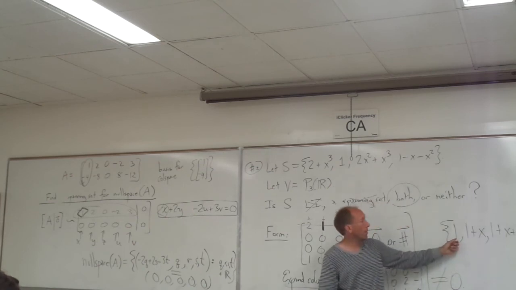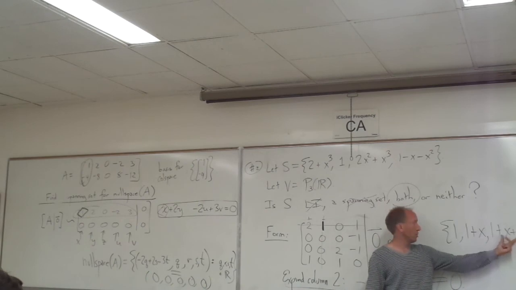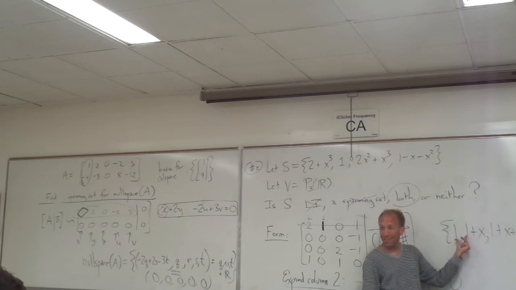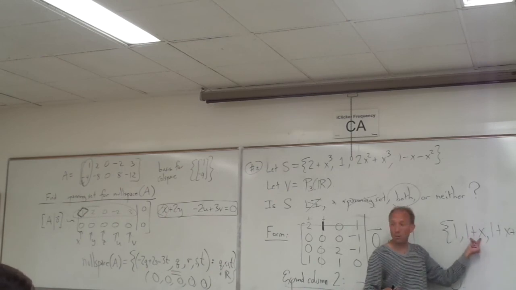I can tell that, for example, there's no way to write this third vector using the first 2, because I can't get an x squared out of the first 2. If I try to write a linear combination of the first 2, I'll never be able to get an x squared to show up. So this one is a new vector that's outside of the span of the first 2.